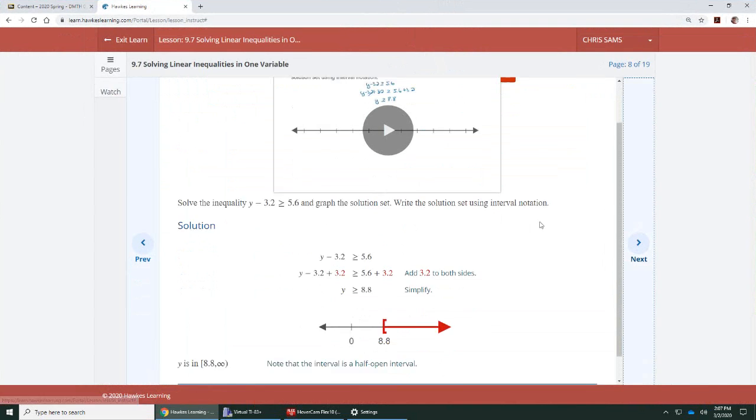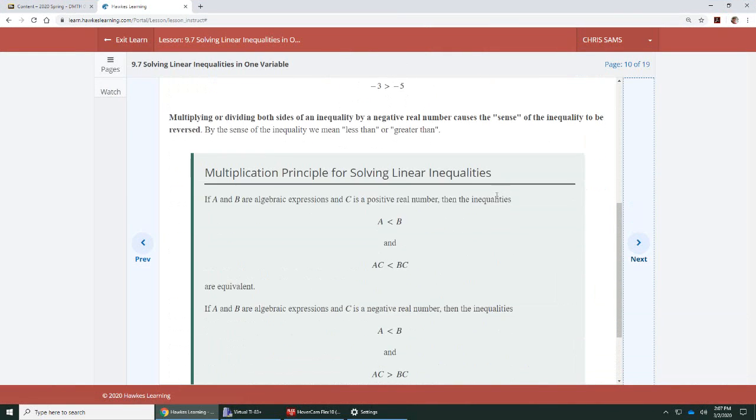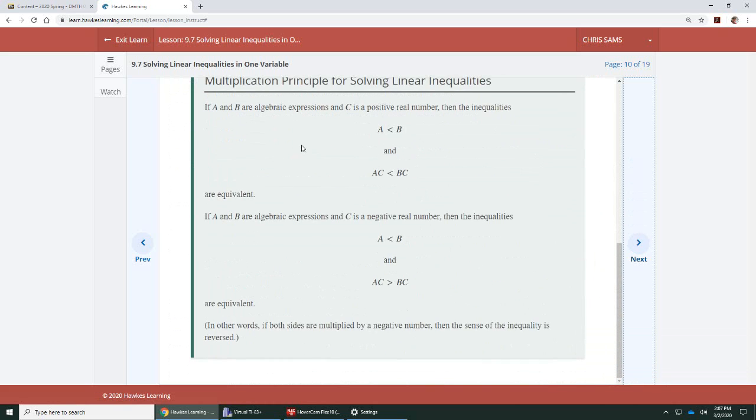And then there's another principle. These are some more examples, which we'll do a few, which they call the multiplication principle. So this one is saying that if you multiply both sides by the same number, hold on, if you have these numbers A and B, and C is a positive number, so I need to be careful here. So first we're dealing with a positive number. If you multiply both sides by a positive number, the truth is still going to be the same.